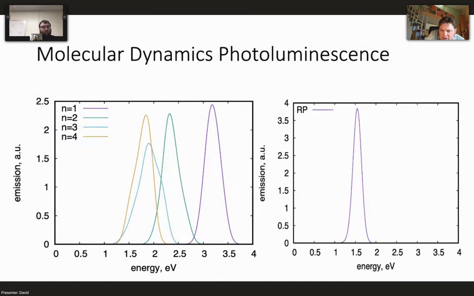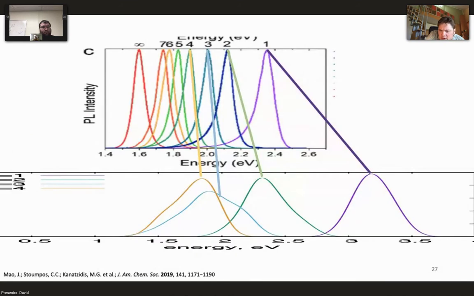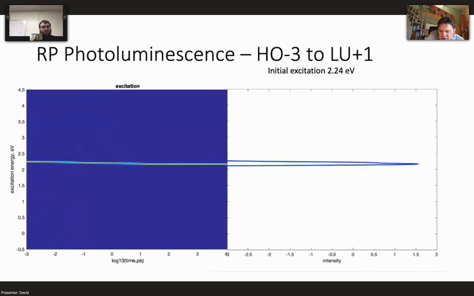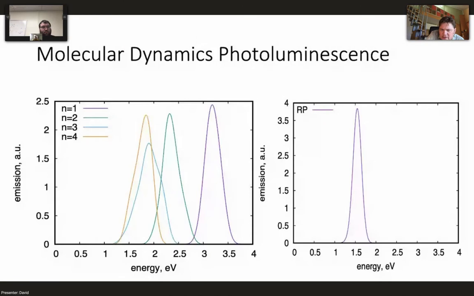And can we look at the previous one for a few minutes more? For the MDPL emission, for n equals 1 and n equals 2, the peaks look quite symmetric with respect to the center.